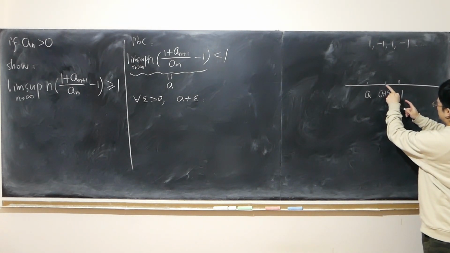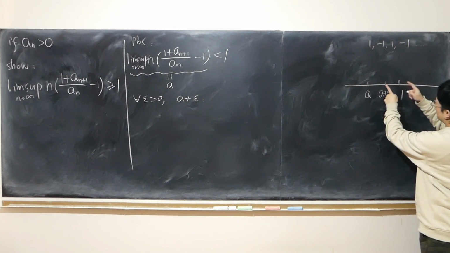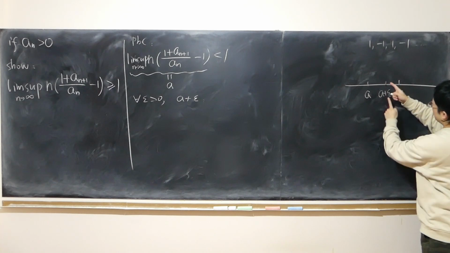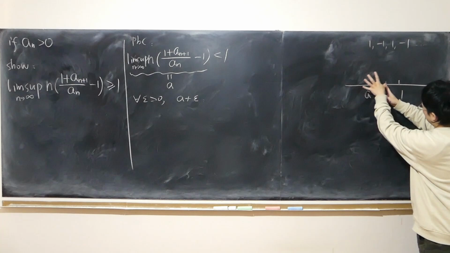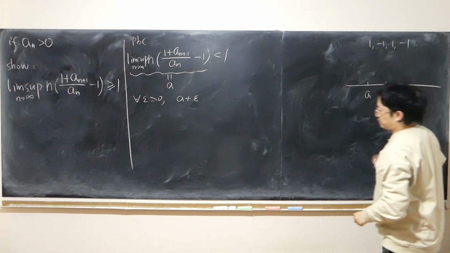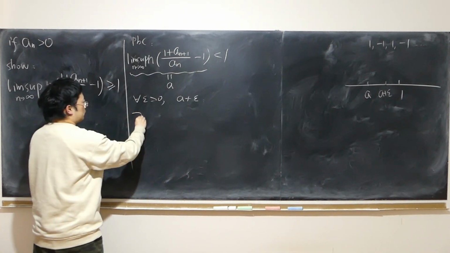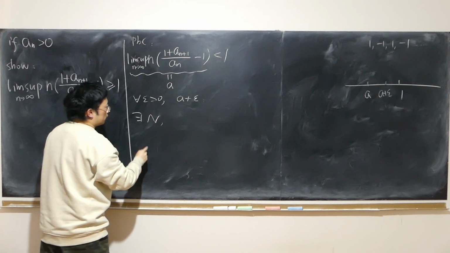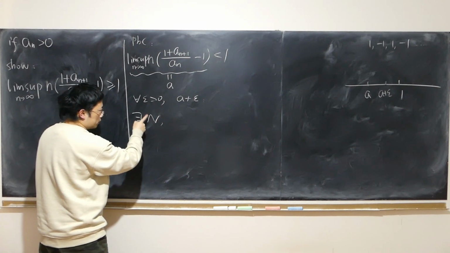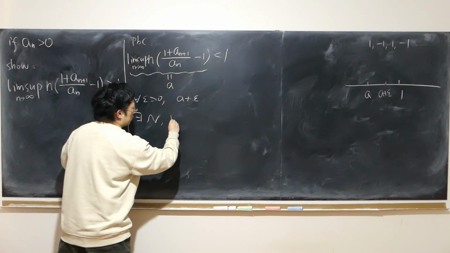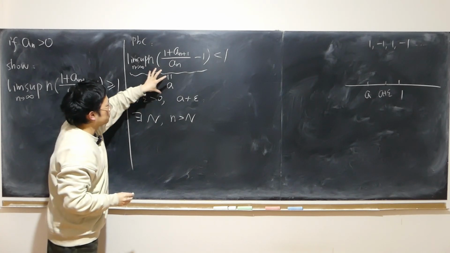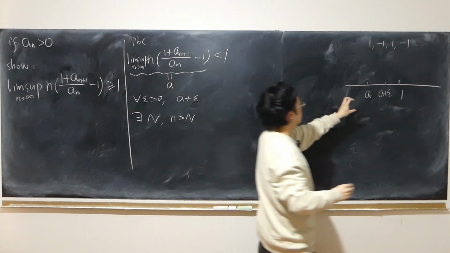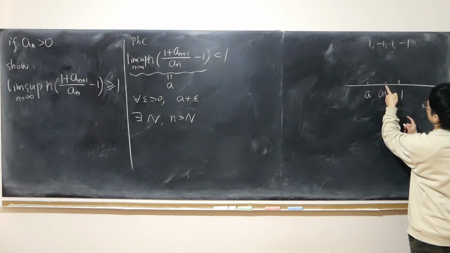So, in other words, to say that to the right-hand side of this point there are at most finitely many members is the same as to say that there is a fixed capital N, dependent on epsilon, so that as long as little n is bigger than capital N, all of the members will fall to the left-hand side of this point.